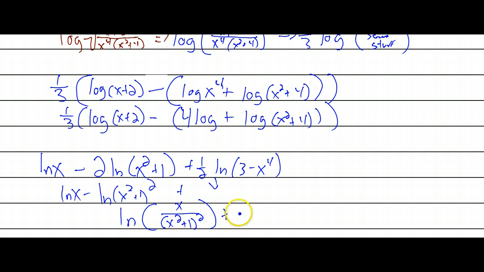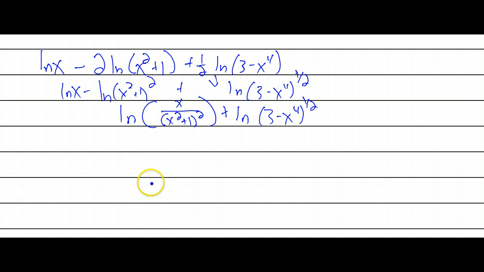Then you have plus, you write this as ln of 3 minus x to the 4th raised to the 1/2. So plus ln of 3 minus x to the 4th to the 1/2. Alright, since you are adding, that means you have to multiply.